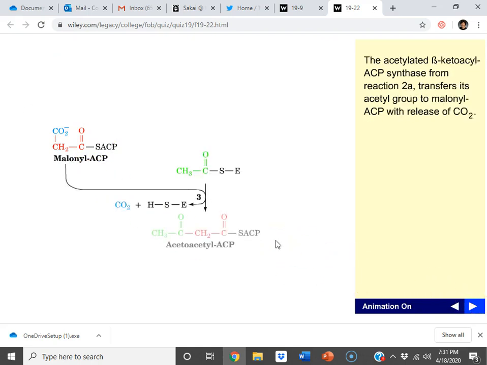Now we can carry out our first step, in which we take our malonyl-ACP, CO2 is the leaving group, and now we can attach that acetyl group onto the malonyl, and now we have acetoacetyl-ACP. So again, these two red carbons came from the malonyl-CoA, that came from the acetyl-CoA, and then these green carbons came from another acetyl-CoA.